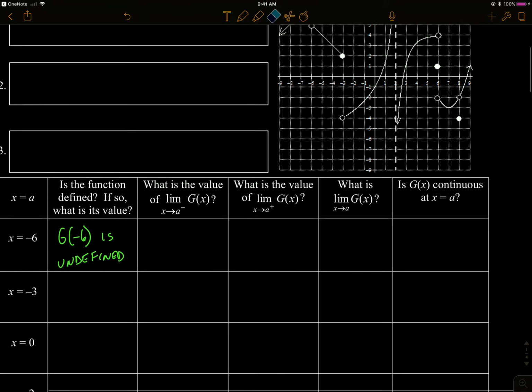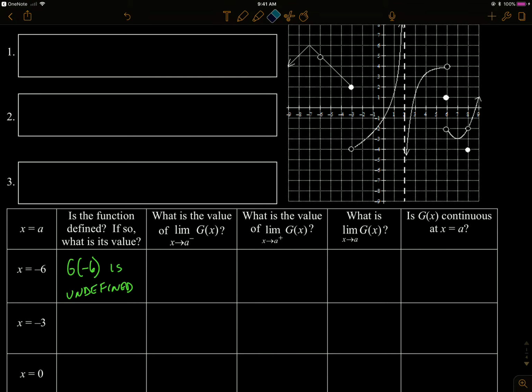What is the value of the limit as we approach from the left? Now they're saying x approaches a, so our a is -6. So the limit as I approach -6 from the left of g of x is 5. I'm just looking at the graph. If you have trouble with that, you can ask me about it in class. Now we're going to check from the right.